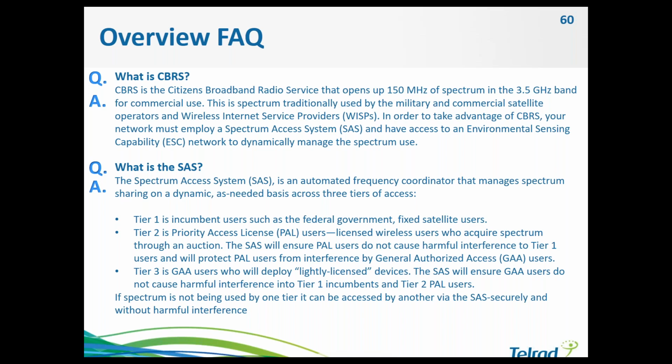And Tier 3 is the general availability, which is the user that only wants access to the spectrum and only pays for the time they use it. It's not part of a permanent license. You can use it all the days for years, but it's not an auction. Next.